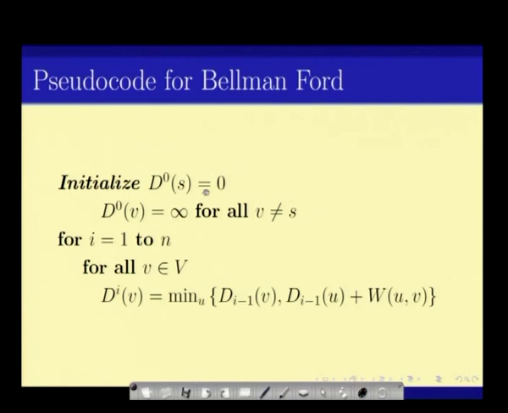Now, what is the running time of this algorithm? The initial setting up takes order V steps. Then we have to update for each of the V's: for all i equals 1 to n, I have to look at each V, so n, or the size of V, and for each of the updates I take a minimum over n different objects, so it will be n.